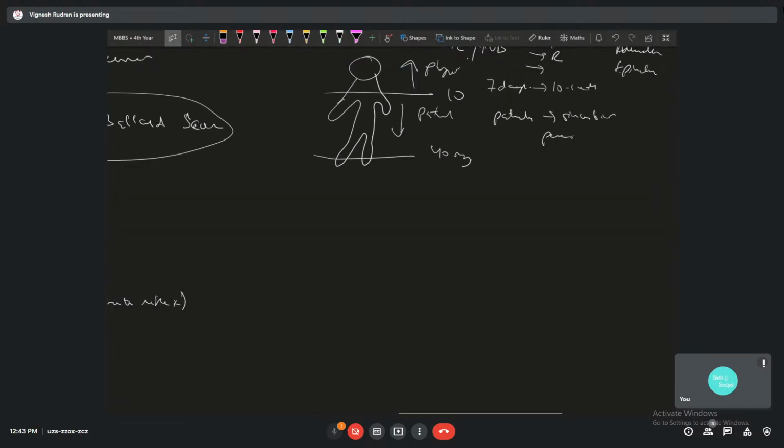When conjugated bilirubin increases, you have increased bile salts and pruritus, and high colored urine. All of these are signs of increased conjugated bilirubin.